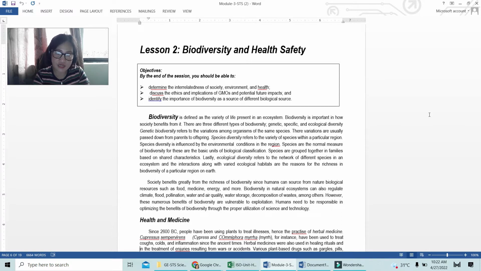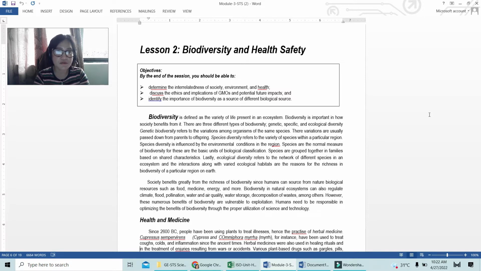Let's say for example, the biodiversity in marine life. We have the algae, the composers or decomposers, and the animals, the biodiversity of the habitat of all the sea creatures living in the marine life.